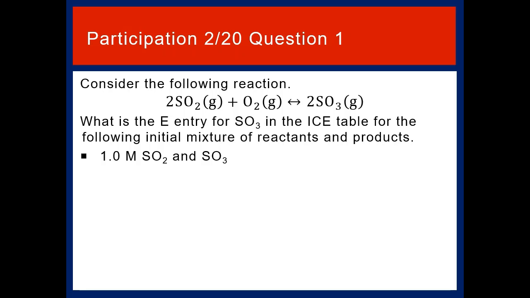The link to the assignment is right below the links to these videos. Again, consider the reaction 2 sulfur dioxide plus oxygen makes 2 sulfur trioxide. What is the E entry for SO3 in the ice table for the following initial mixture? It's 1.0 molar SO2 and 1.0 molar SO3, so 1.0 molar concentration for each of those.